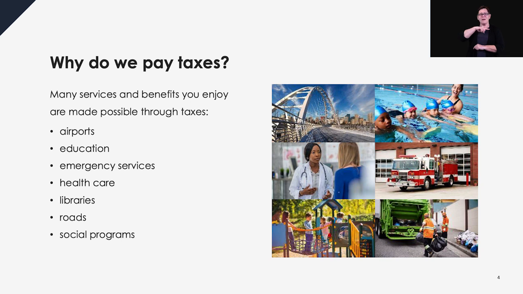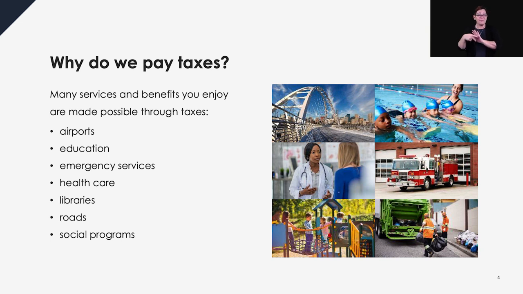Let's start with why we pay taxes and what they're for. Many public services, programs, and benefits are made possible through taxes. The government collects taxes to pay for things such as airports, education, emergency services, healthcare, libraries, roads, and social programs.